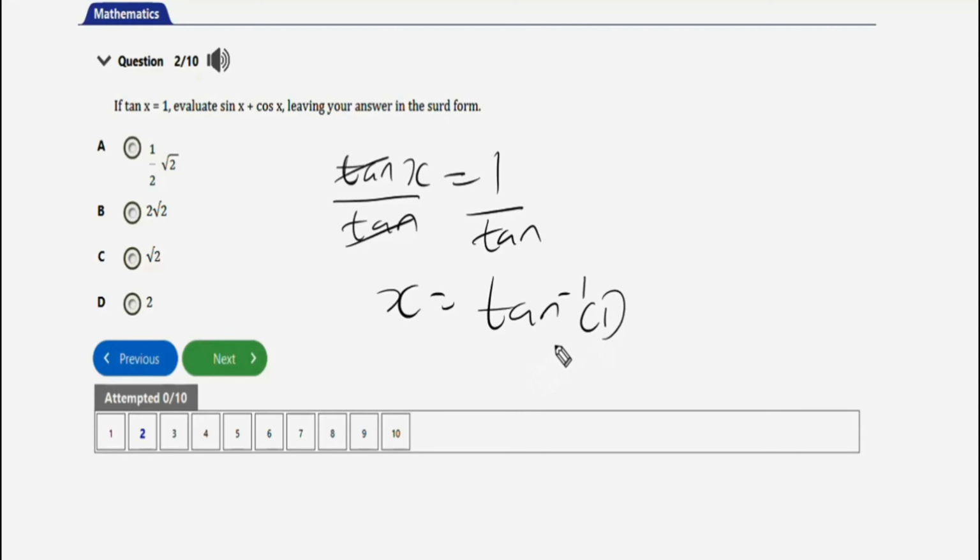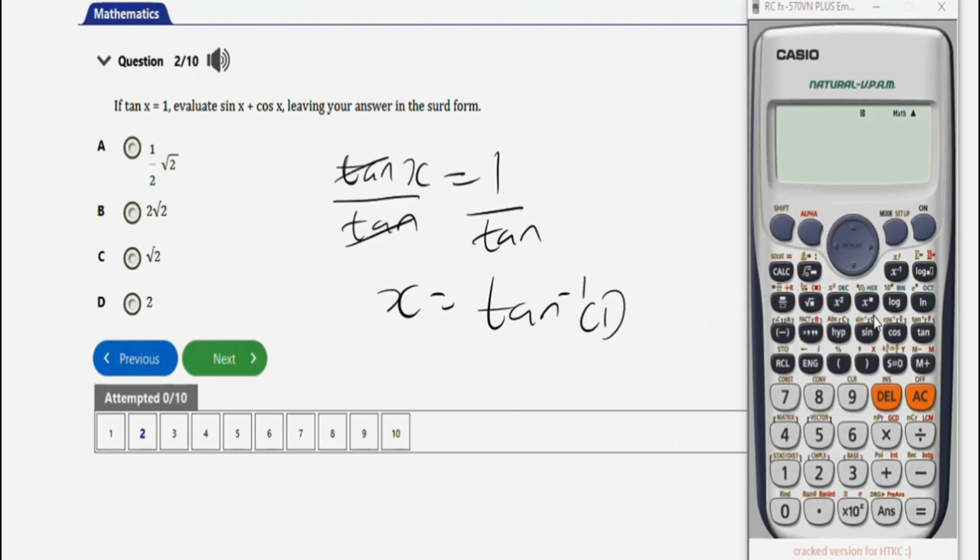Okay, so that's what it means. So let's punch this on the calculator now. You bring out tan inverse, press shift tan of 1. So let's press equal to see the output.